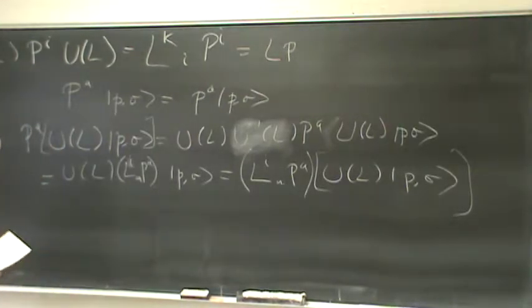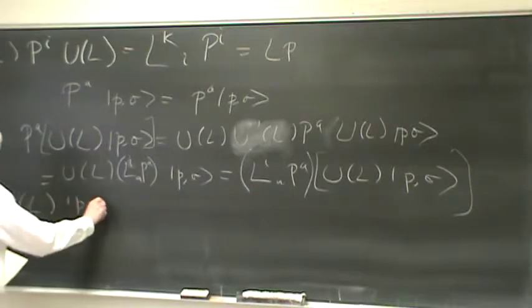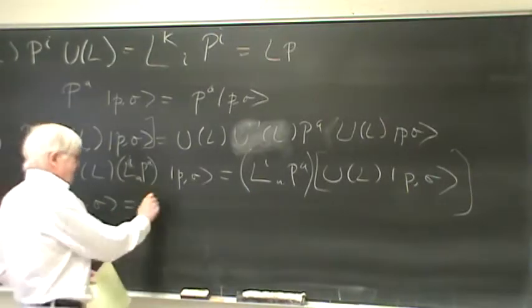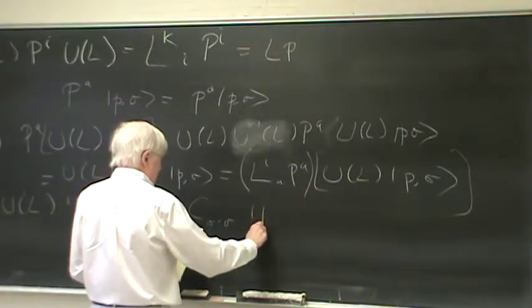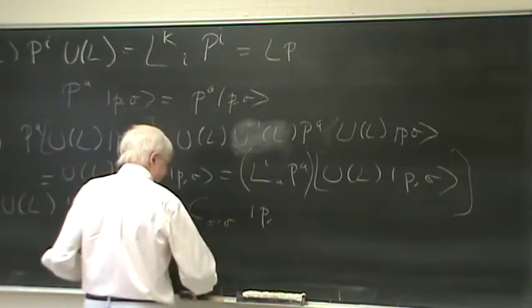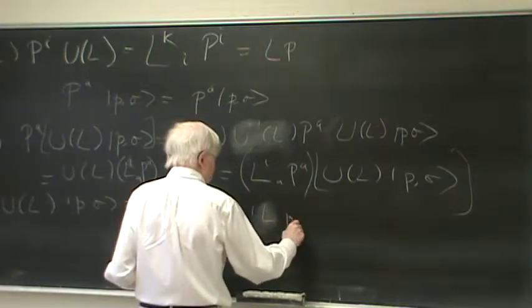So this is telling us that U of L on P sigma is some linear combination of the states LP.